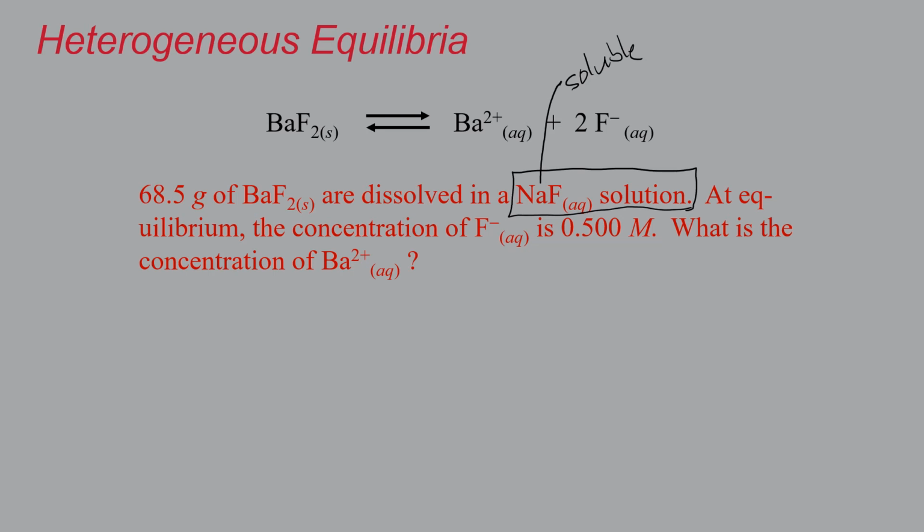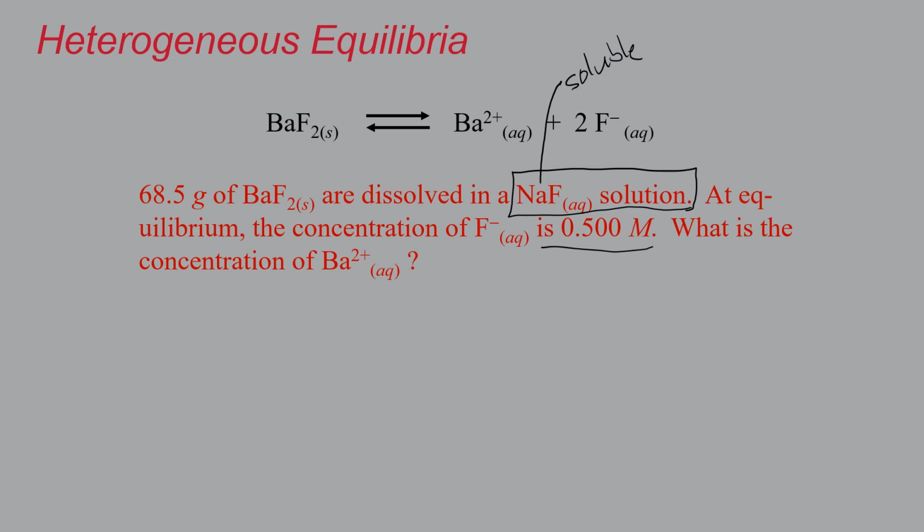Now, in this setup, we know that the fluoride concentration is a half molar. Now, there's no distinction between a fluoride ion that came from the barium fluoride or that came from the sodium fluoride. All that matters is that it's fluoride and that its concentration is a half molar at equilibrium.